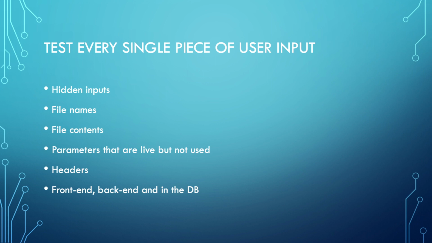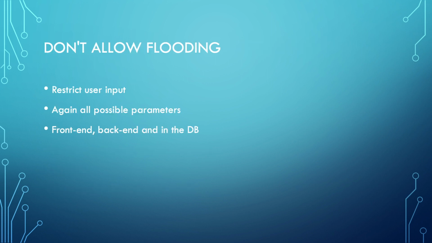Now, those parameters that are live but not used may surprise you, because how would an attacker figure those out, right? But security through obscurity doesn't work, and you always have to assume that your system is compromised. You really should never allow for flooding, which, for example, would allow an attacker to enter a massive amount of data into your application and then shut it down completely.